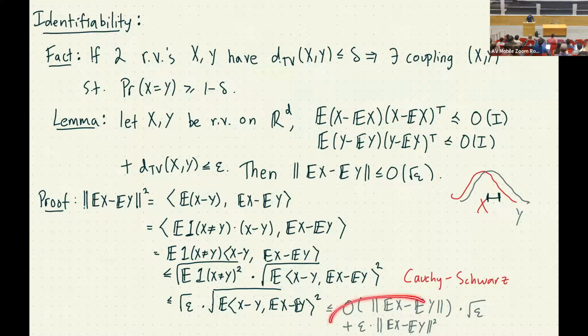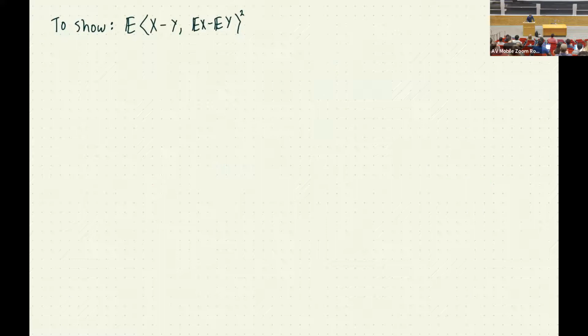Okay, so this is really what I need to show. So this is at most O of expectation X minus expectation Y squared plus, let's hope I'm getting this right, well, instead of writing out this whole thing, let's just upper bound this guy.